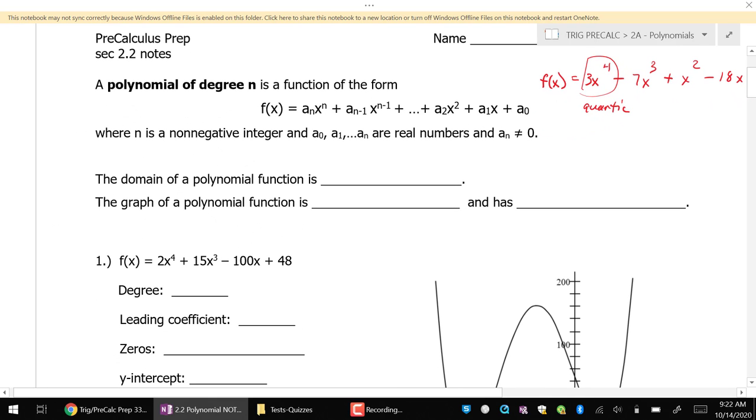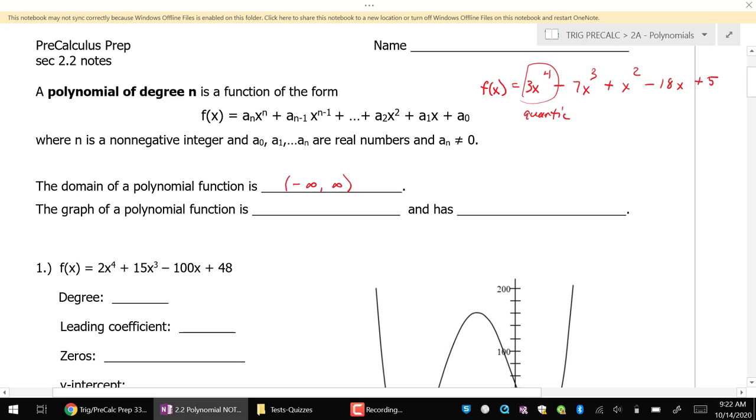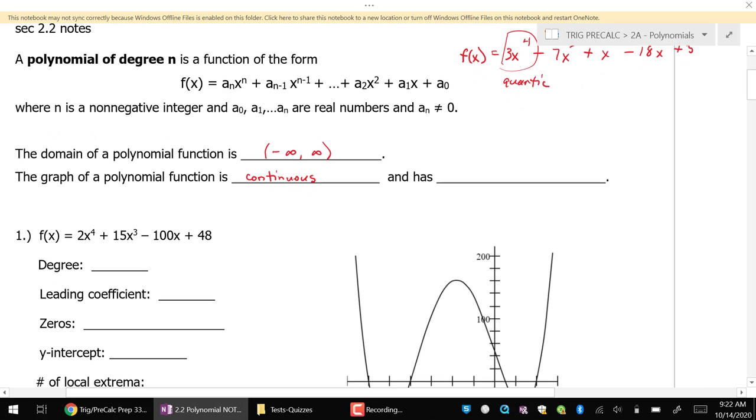A couple sentences here. The domain of a polynomial is going to be all real numbers. Now the graph of polynomial functions you're going to see will be continuous. That means there are no breaks, no gaps, no holes, no asymptotes in the function.